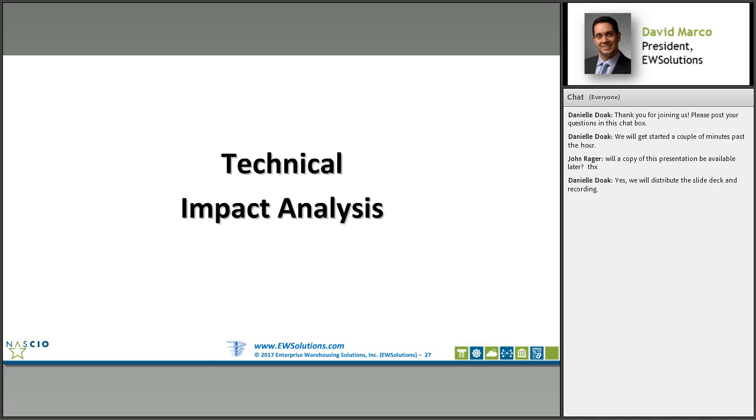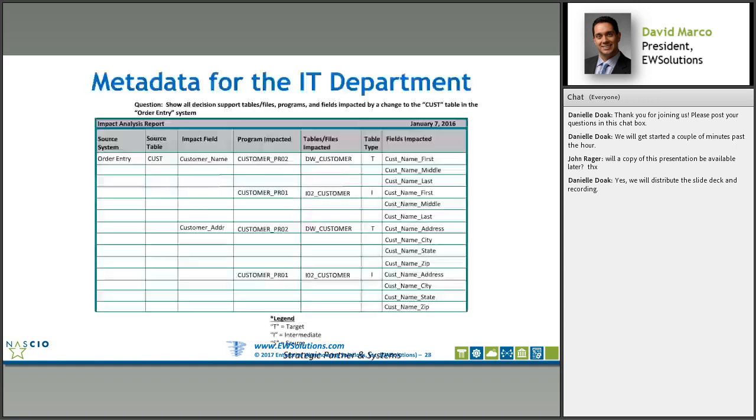And what a technical impact analysis does is it takes a proposed change to our IT systems and shows us the impact that change could have. So here's an example, and this is a classic, very simple example we deal with. Let's suppose we needed to change the cust table of our order entry system.